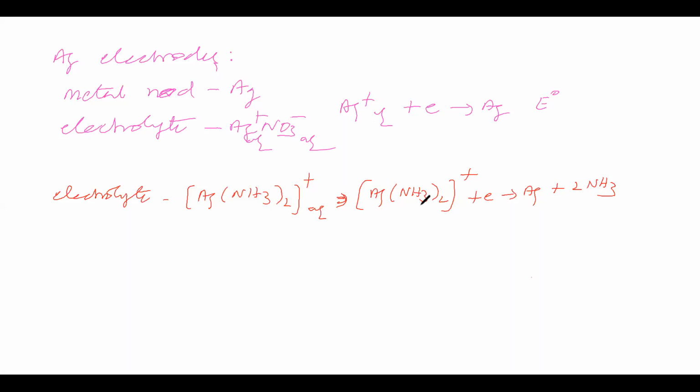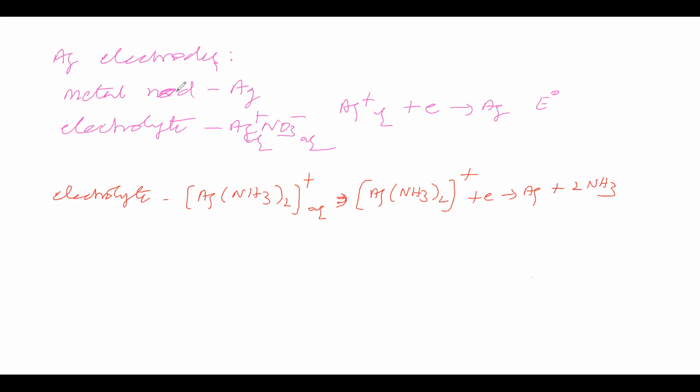It is bonding with the ligand. So the tendency of this Ag plus to take an electron is certainly different. Therefore, the electrode potential of this silver electrode is different.